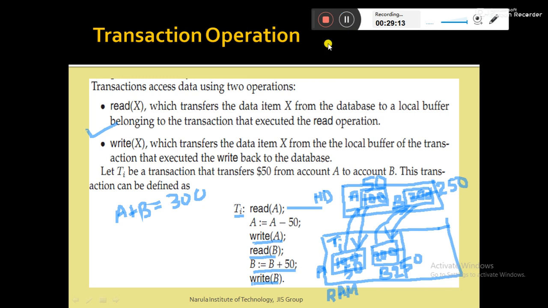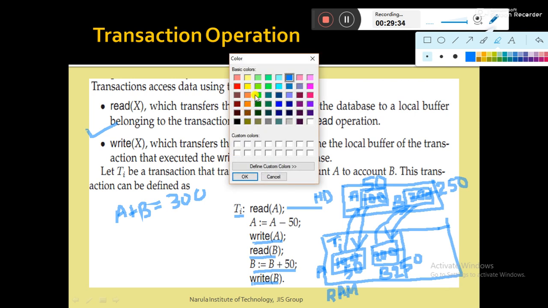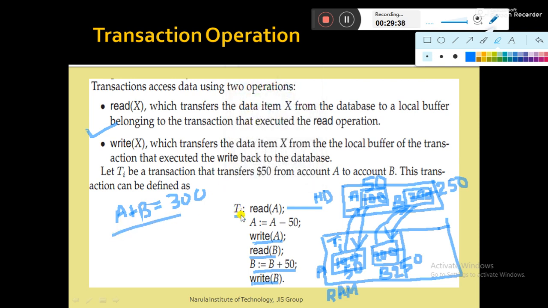So after the successful execution of the transaction, the sum of A and B must again be 300. So let's check whether after successful completion of the transaction Ti, A plus B is 300 or not. After Ti completes its execution, what is the value of A plus B?